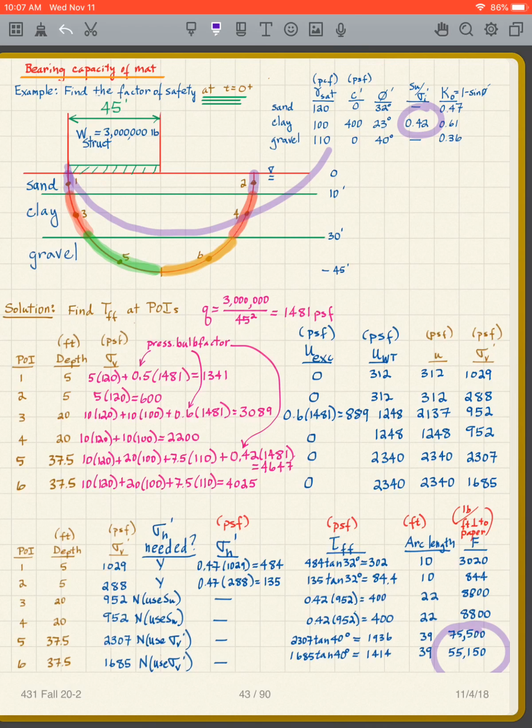And you'd need to analyze that too. But right now, we're just going to stick with this circular failure surface that goes like that. But in practice, you have to look. This is one of the issues: you don't know where this is going to fail, and you've got to try a lot of different things and look for the lowest one. Now, normally, a lot of ways this is done using a computer program, but I want you to be able to do and understand where this all comes from and do some of this by hand here.